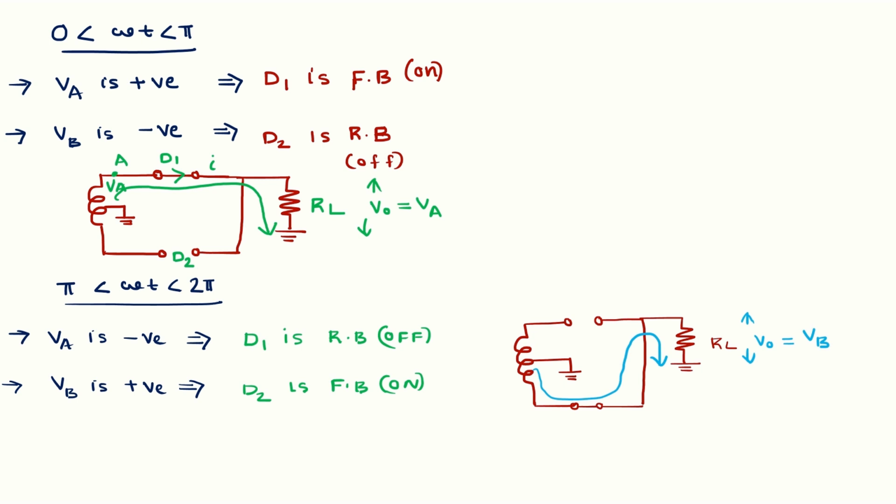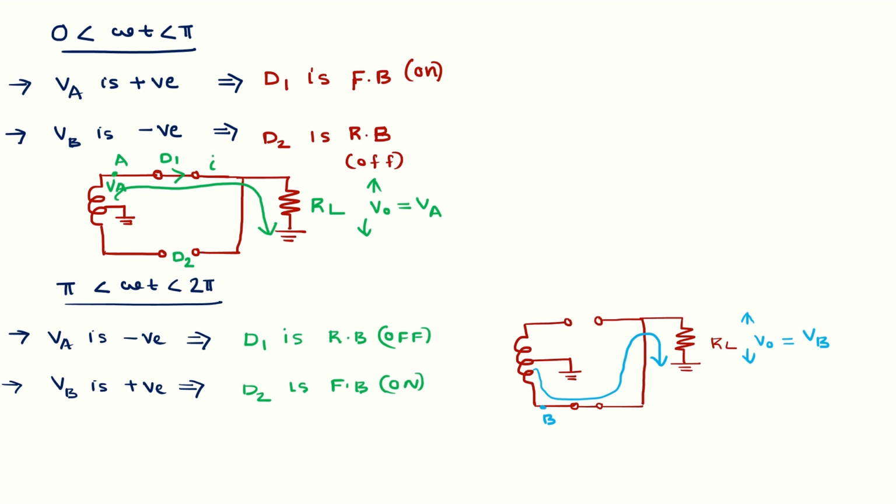The load resistor RL gets connected to node B. Let this be node B. It is connected to node B through the diode D2. So VB appears across the load resistor RL. So I can say V0 equals VB.